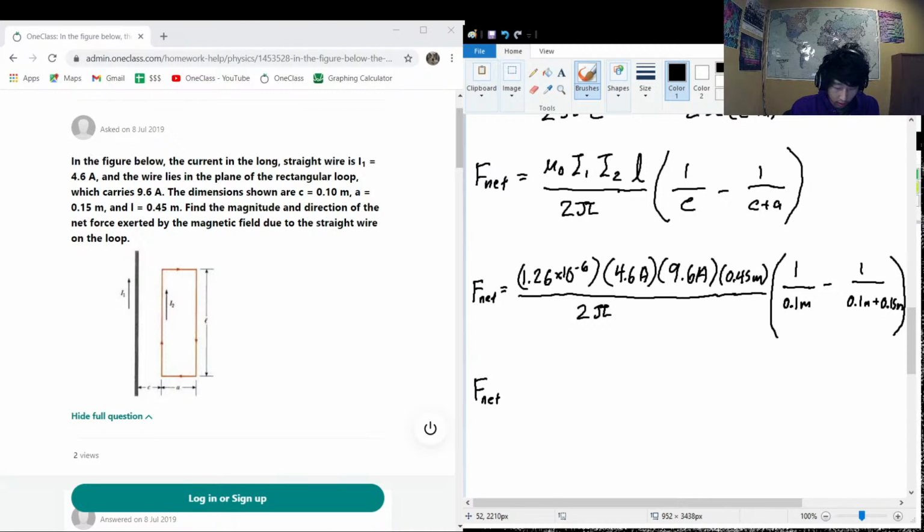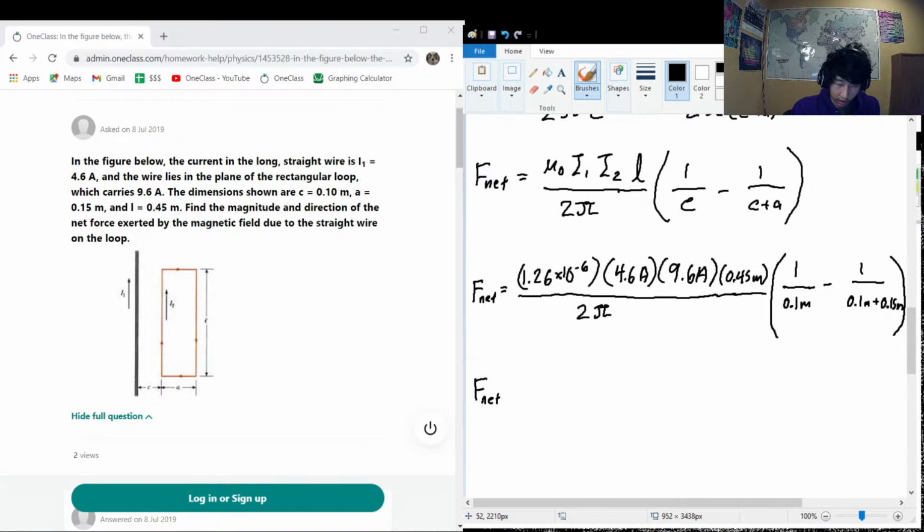Okay, so 0.1 minus 0.25 inverse times 1.26 times 10 to the power of negative 6 times 4.6 times 9.6 times 0.45 divided by 2 times pi.